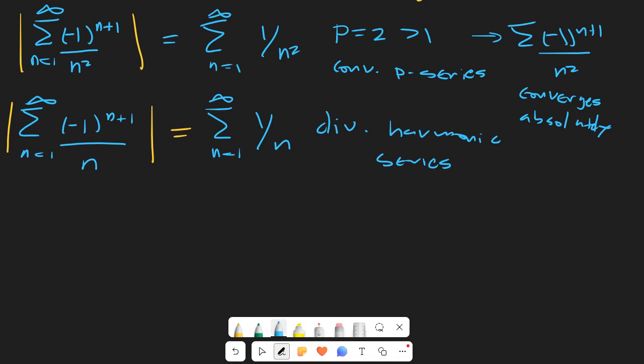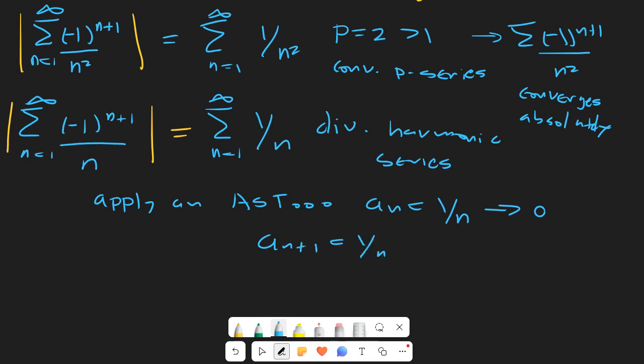But notice that now, if you were to apply an alternating series test, well, an is 1 over n, which goes to 0. But an plus 1 is equal to 1 over n plus 1, which in any case, is less than or equal to 1 over n, which is essentially the an, and this is the an plus 1.